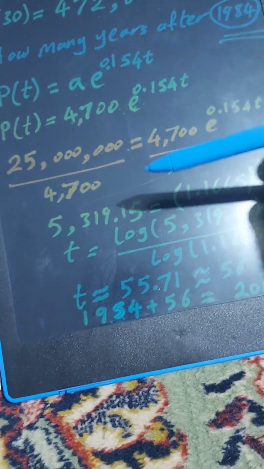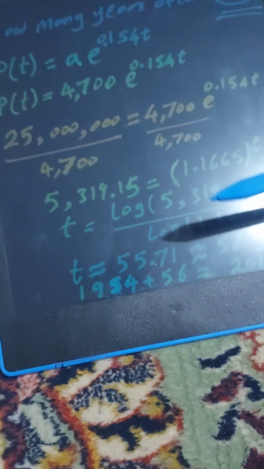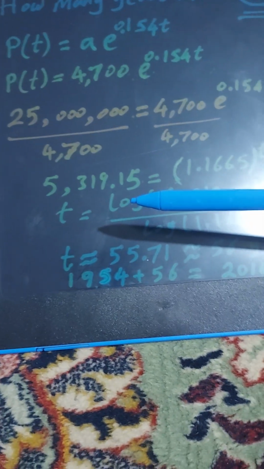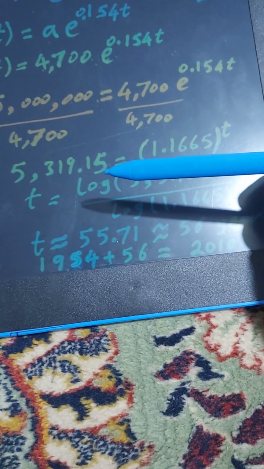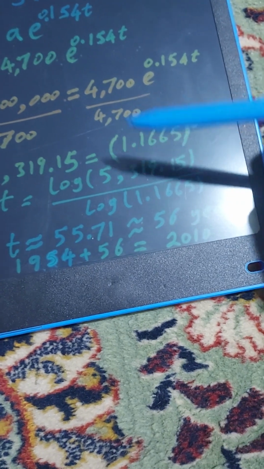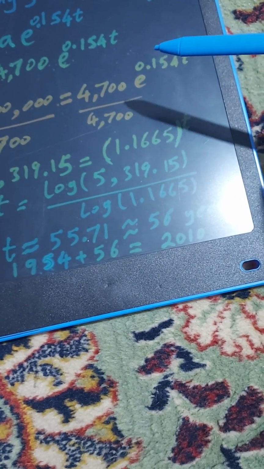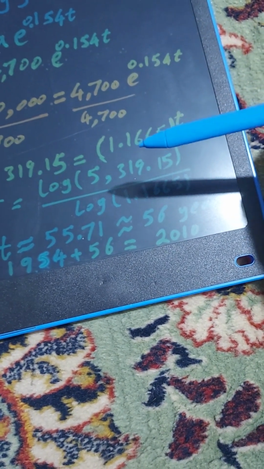We divide both sides by 4,700. That will give us 5,319.15, equals e power 0.154 t, which gives us 1.1665 power t.